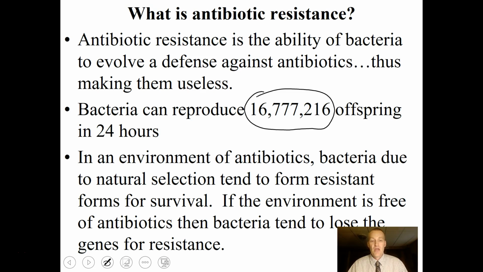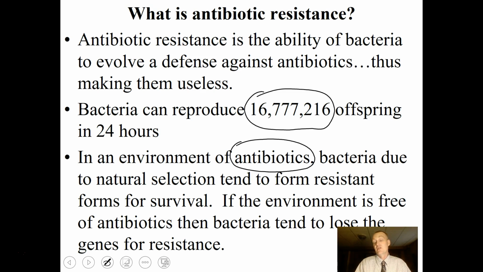And in an environment of antibiotics, due to natural selection, there are always going to be resistant forms that survive exposure to the antibiotics. Now, if you have an environment free of antibiotics, bacteria typically lose resistance to these chemicals because there is a cost to maintaining genes for resistance to antibiotics.